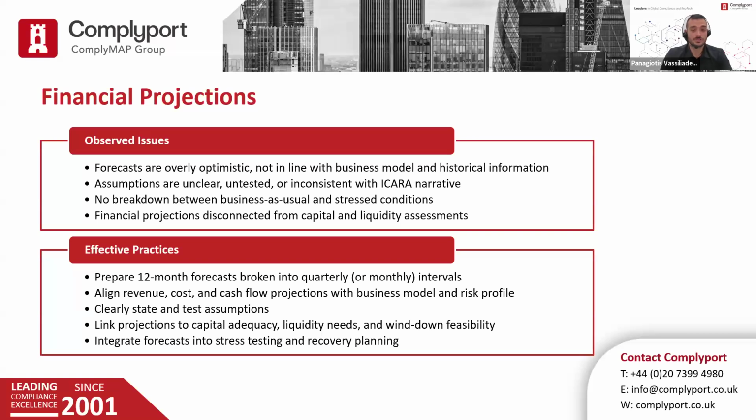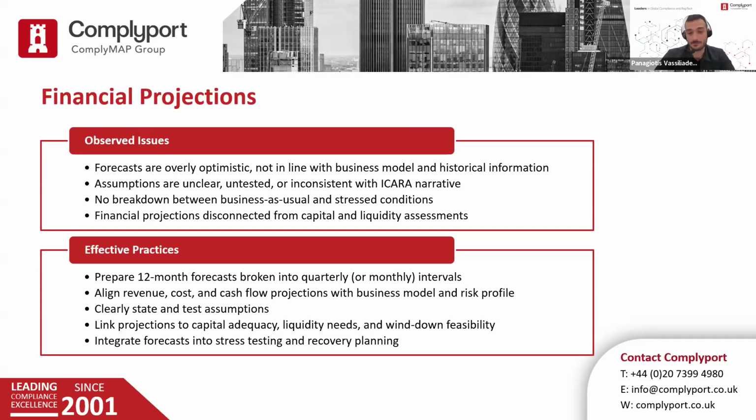You need first of all to start with a 12 months forecast broken down into quarterly or monthly if you have the granularity. This isn't just about showing growth, it's about showing the resilience of your firm. Your revenue, cost, and cash flow projections should always align with your business model and the risk profile that we have explained in the previous slide.